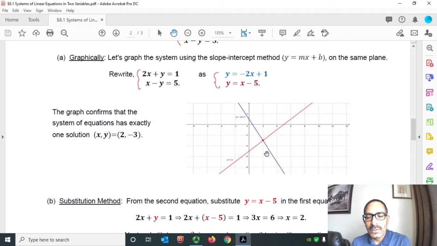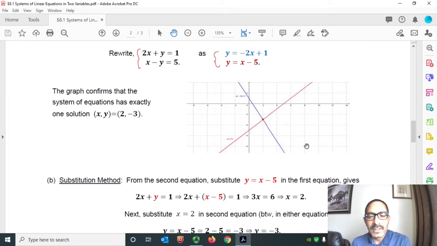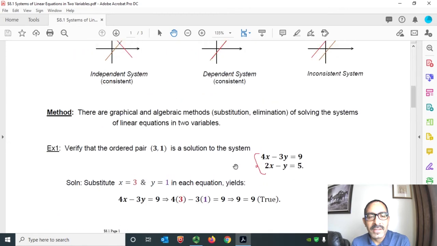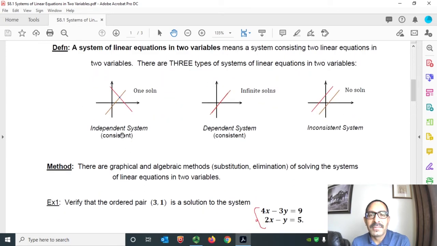This blue graph corresponds to this blue equation, y equals negative 2x plus 1, and this red graph corresponds to this red equation, y equals x minus 5, and clearly the intersection point is here, which is 2 comma negative 3. Great. Since we have only one solution, the system is, let me tell you, an independent system. I hope this idea makes sense to you all.